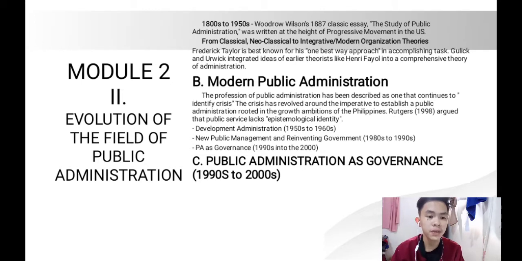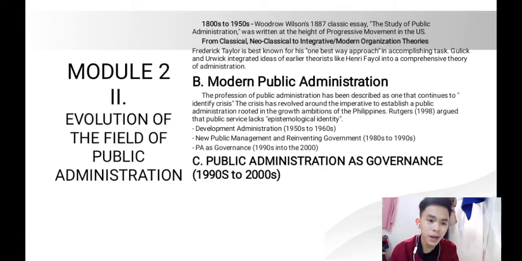The profession of public administration has been described as one that continues to identify crises. The crises have evolved around the imperative to establish a public administration rooted in the growth ambition of the Philippines. So the modern public administration is divided into three: the development administration in the 1950s; the new public management and reinventing government; and third, public administration as governance in the 1990s into 2000.